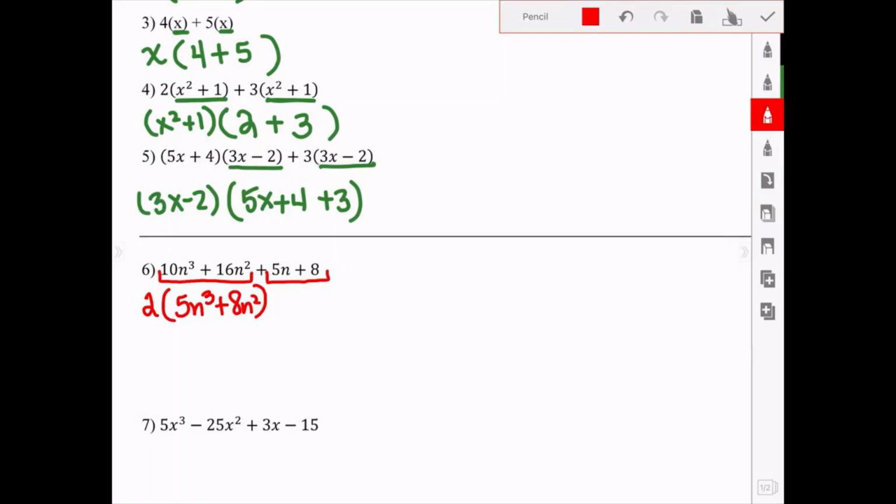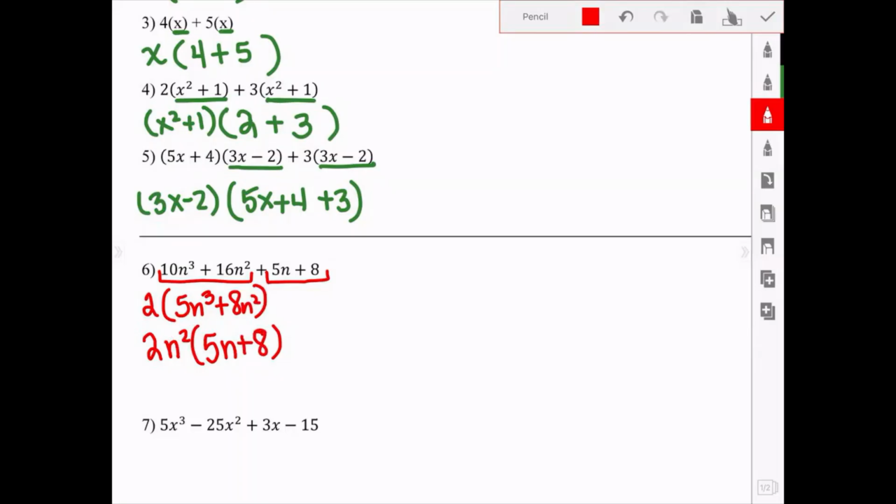Since the first one has n to the third and the second one has n squared, the most we can take out is n squared. So we're going to take 2n squared, and when we do that, we're left with just 5n. This term had 3, we took away 2, so now it only has 1. Right, and this one had 2, we took away 2, so now it does not have any n, so it's just 5n plus 8.